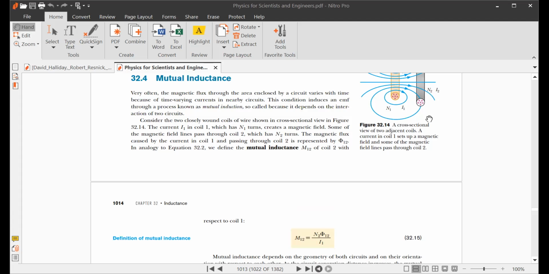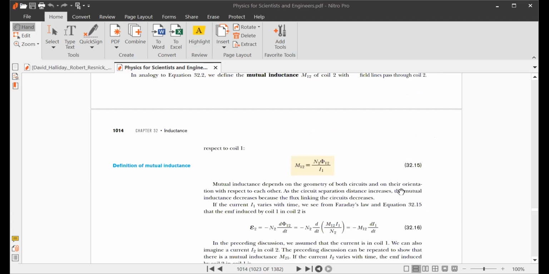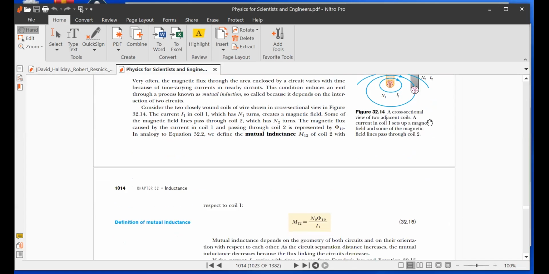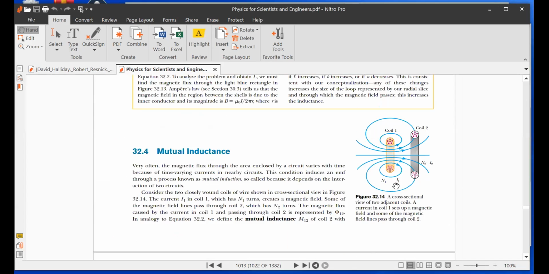So the mutual inductance M12 in the second coil is caused by coil 1, by N1 and I1.